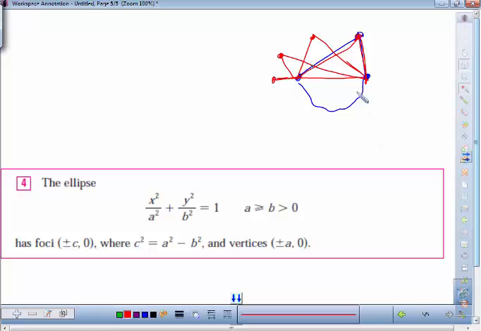If you keep drawing around this board, you would get not a circle, but something that's kind of an elongated circle.